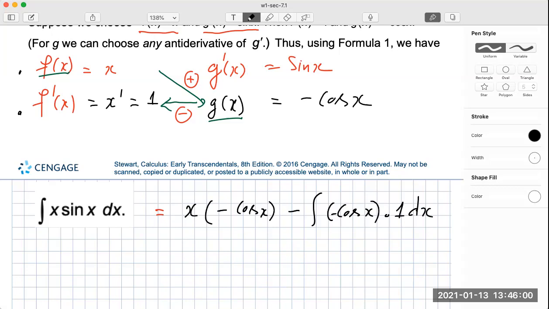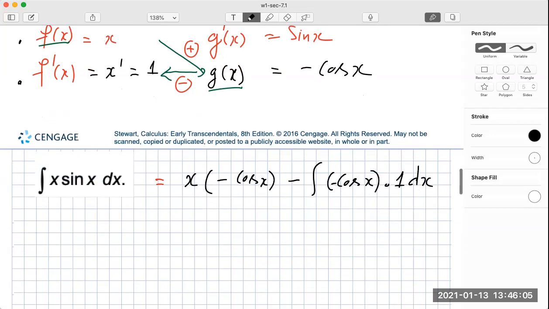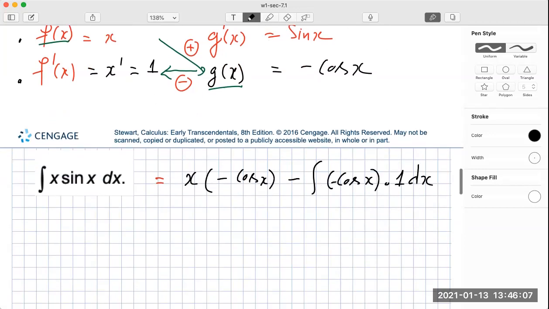So now the problem becomes easier. Here, x times negative cosine x gives us negative x cosine x. And here, 1 times negative cosine, and in front of that there is a negative sign. Finally, can we simplify it?